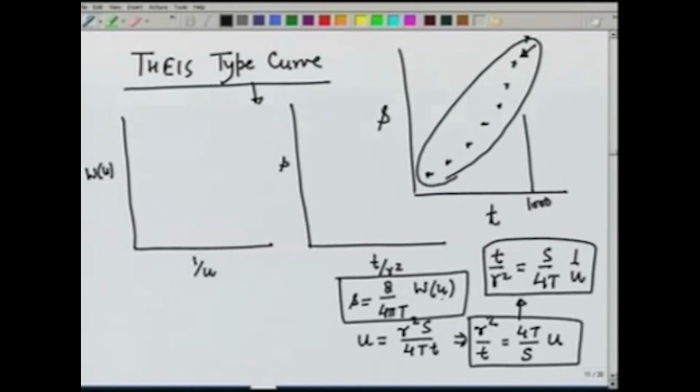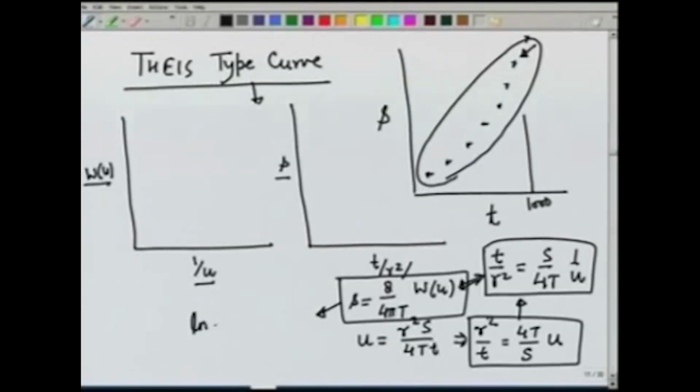Sometimes we use W and u here and then s versus r square over t, but most of the times it is preferred W versus 1 over u and s versus t over r square. So, if you look at these two equations, we can see that relation between s and t over r square and relation between W and 1 over u would be similar, only a shift of the axis would be there.